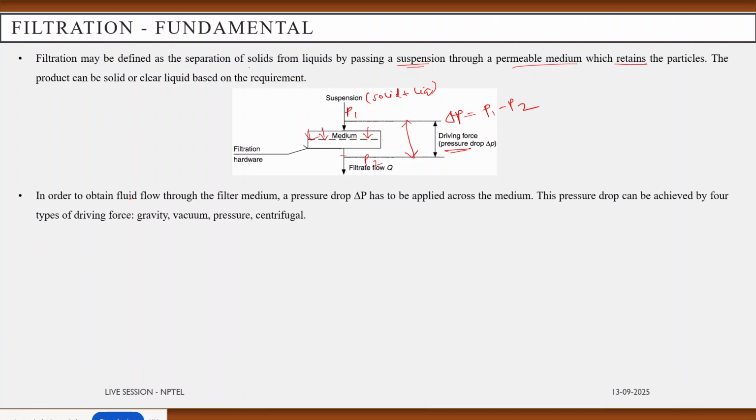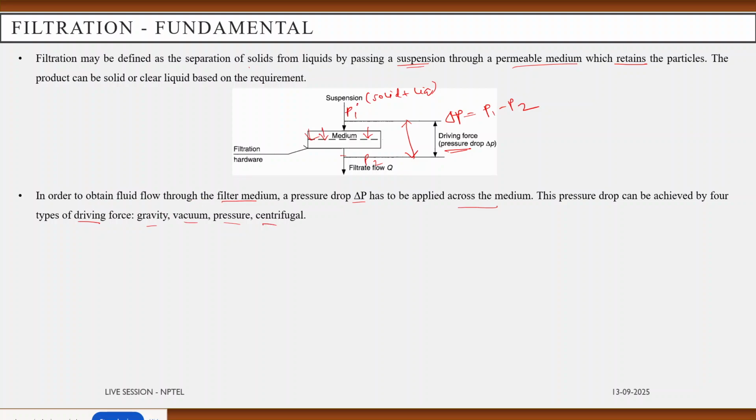In order to obtain fluid flow through a filter medium, a pressure drop has to be applied across the medium to maintain the flow of the slurry through it. This pressure drop can be achieved by four types of driving forces: gravity, vacuum, pressure, or centrifugal force.